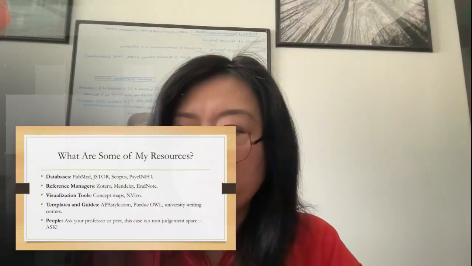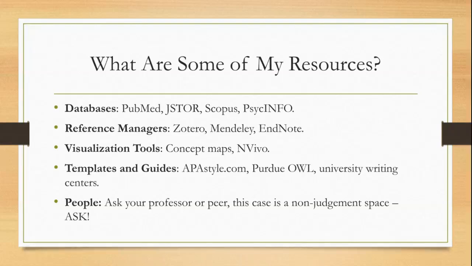Now, I want you to take a look and screenshot this page of resources. The databases are all available through the university library. Reference managers, you can also download them from our university IT. Please realize that when you use the reference managers, they are entered by human sources.